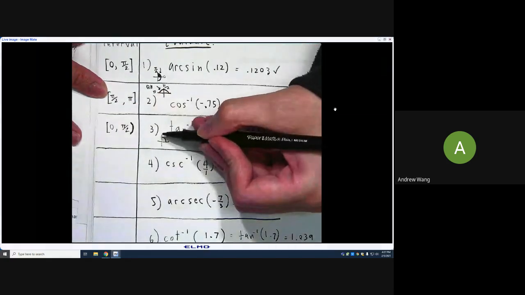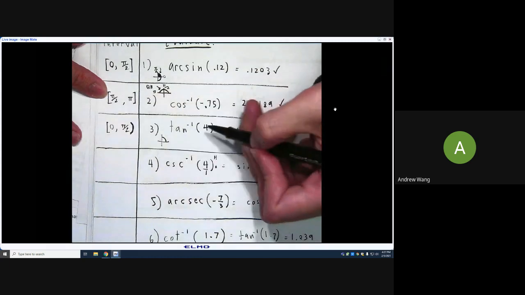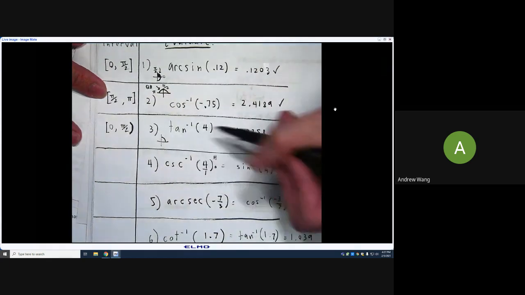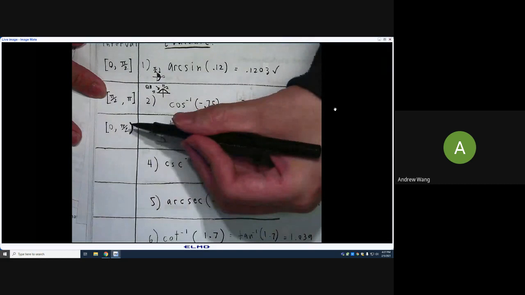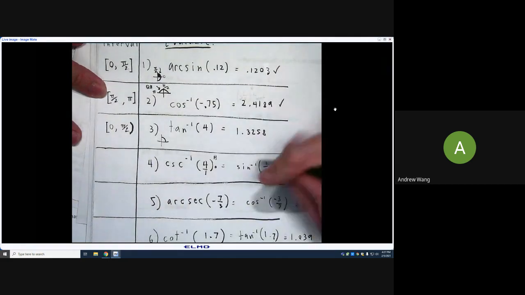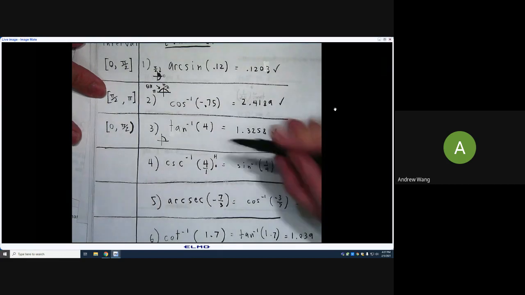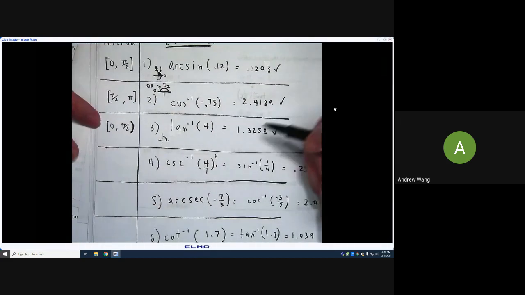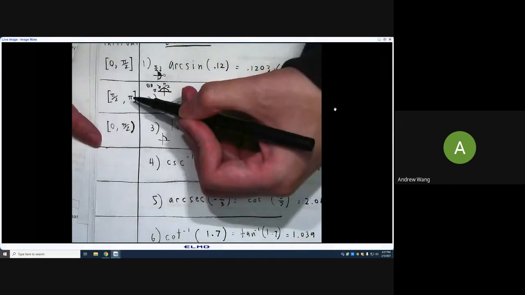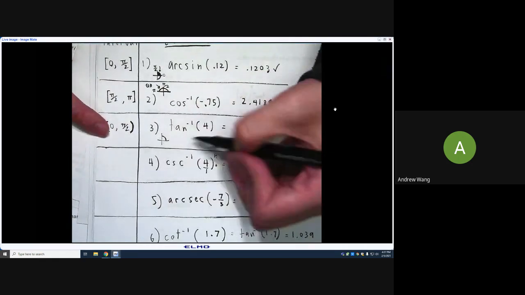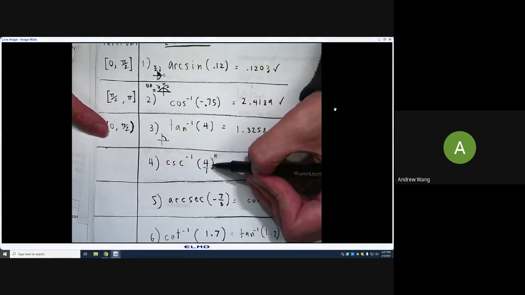Since the top is an asymptote, we actually can't include it, but it is in quadrant 1. And look, remember this is like 1.5 something? This is within that limit, so it works. So do you guys see the match between the answer and the interval? On the test, you will be asked to find the interval. And it's really, you just need to know what's the principal interval, and then is the value positive or negative.